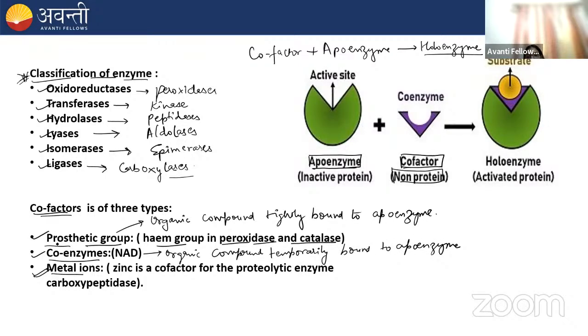Okay, and the metal ions, they show coordination. They form a coordination bond with the side chain at the active site of the enzyme and, at the same time, with the substrate itself.